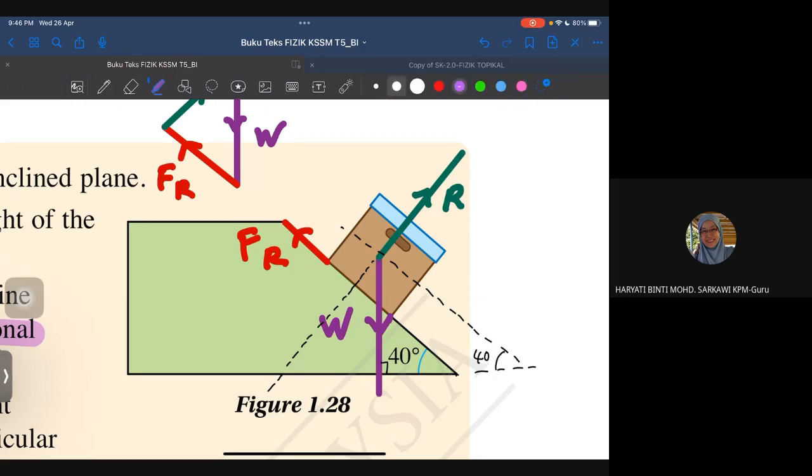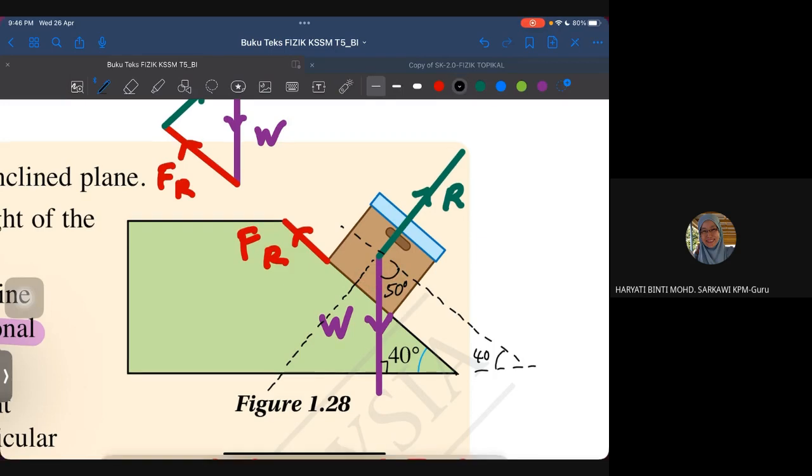Some students get confused here. Alright, so this is 90, this is 40, which means this is 50. So I can draw here 50. And then this is 90 degrees. If this is 50, then the other angle should be 40.